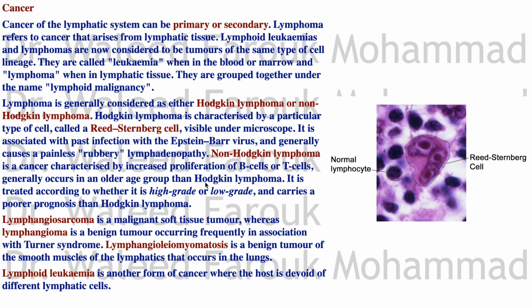Lymphoma is classified into Hodgkin and non-Hodgkin lymphoma. Hodgkin lymphoma is characterized by the presence of a special type of cell, the Reed-Sternberg cell. This is a Reed-Sternberg cell, associated with past infection with Epstein-Barr virus.